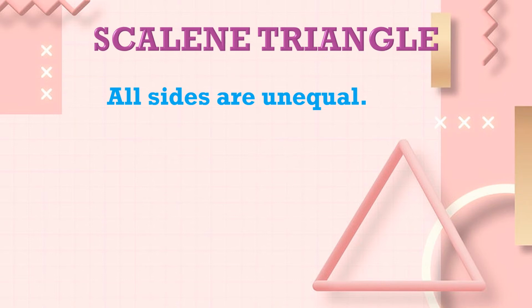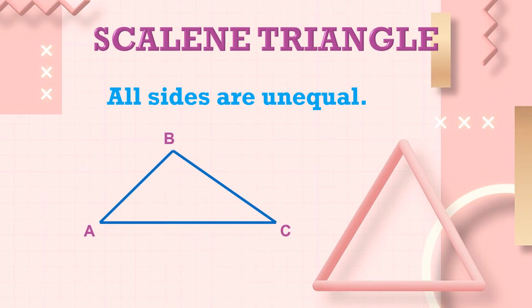No sides are equal over here. For example, if you look at this triangle ABC, its measurements are 4, 6 and 9 centimeters respectively. So they all are different, they all are unequal. So this will be an example of a scalene triangle.